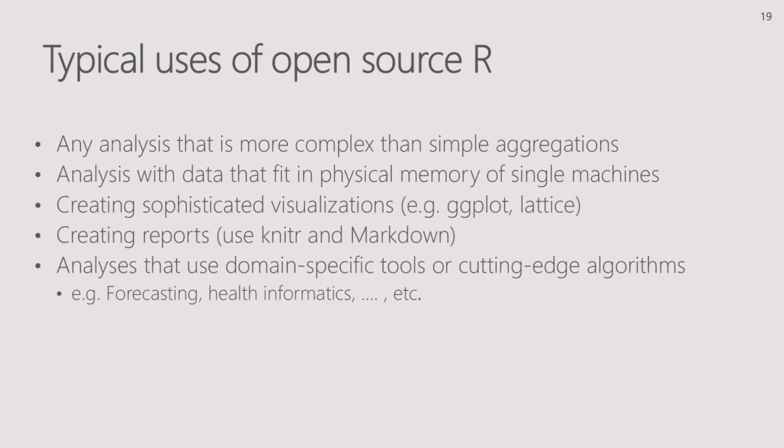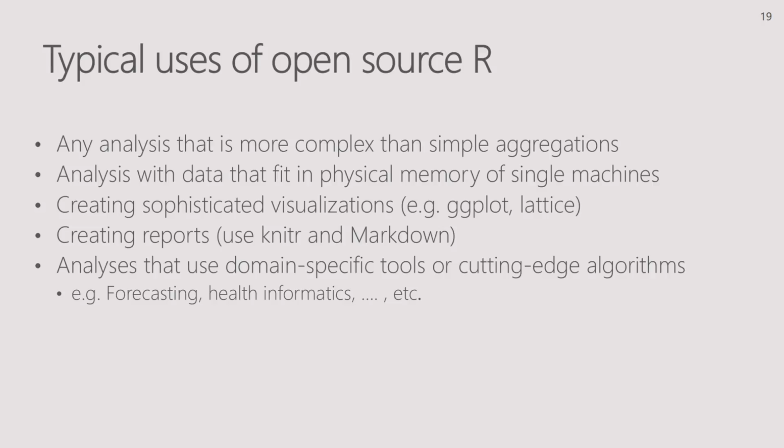So the typical uses of open source R would be maybe some of the following. Anytime you want to do some analytics that go beyond simple data summarization, aggregation, and so forth, R can be very helpful because the depth of statistical packages in R is very impressive. And if you have smaller data sets or sample data sets that fit in memory, then there are lots of functions and packages in R that you can work with. Creating sophisticated visualizations, that's also a big benefit.